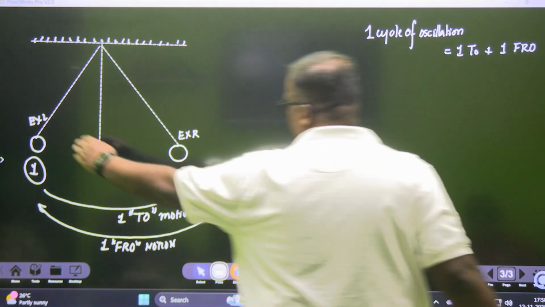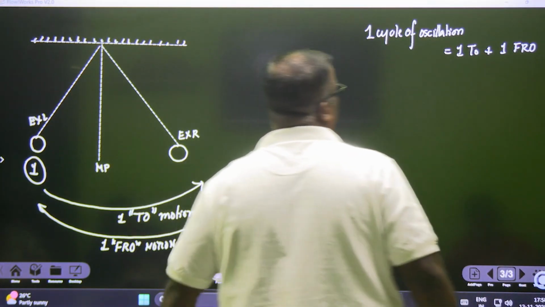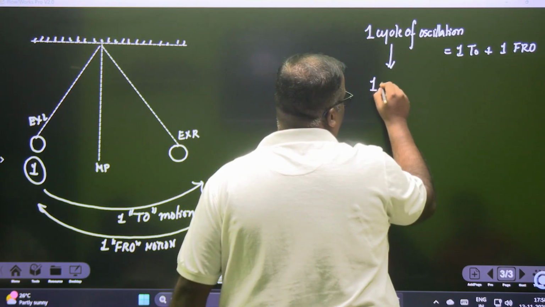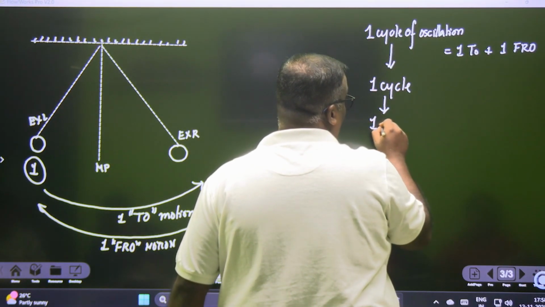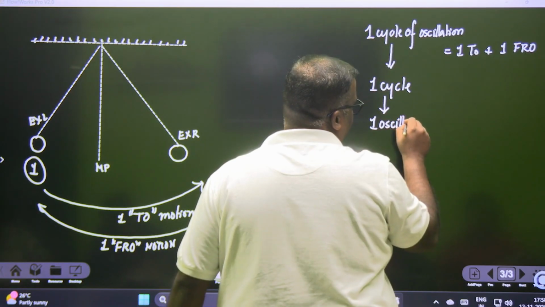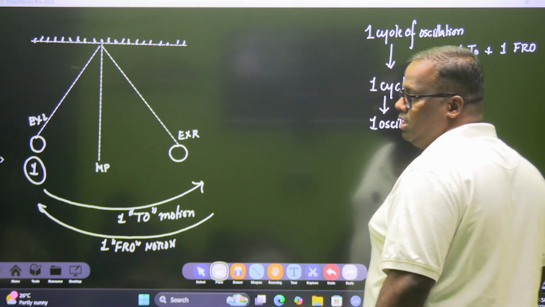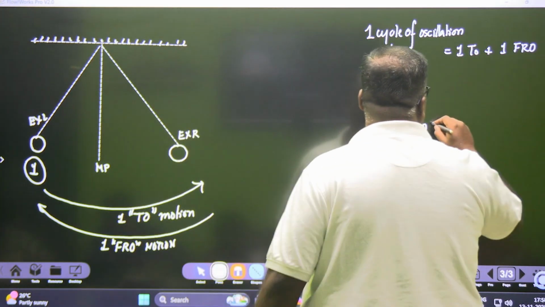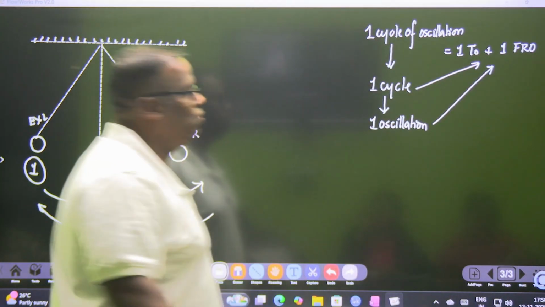Imagine from its house, it went to uncle's house, and from uncle's house again to its house. So one cycle of oscillation, in other words, is also known simply as one cycle, or one oscillation. One oscillation is 1 2 and 1 fro. One cycle means 1 2 and 1 fro.